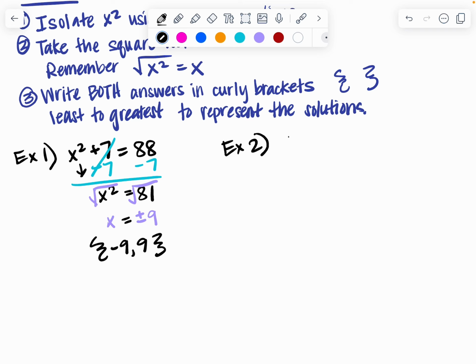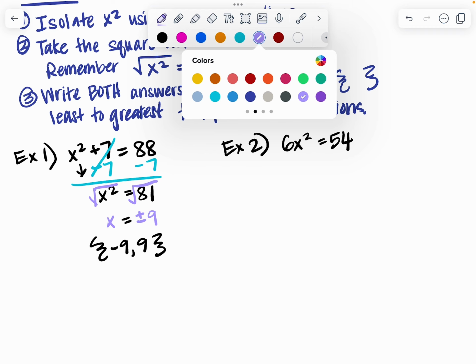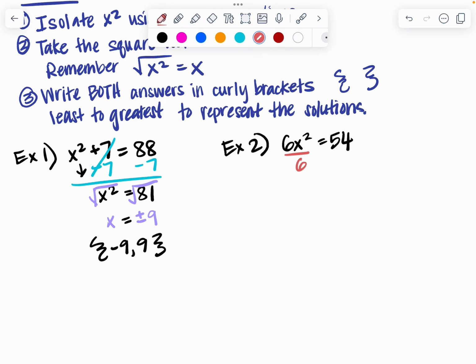Example 2: 6x squared equals 54. So in order to get x squared by itself, I need to divide by 6. So now I have x squared equals 9.